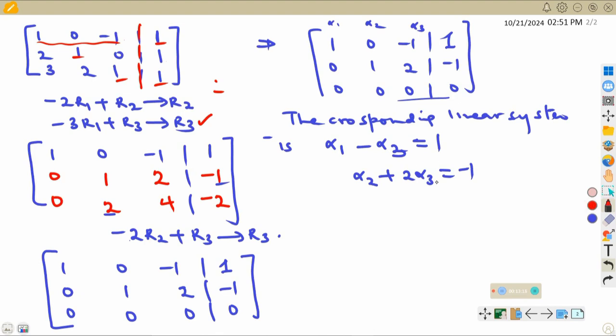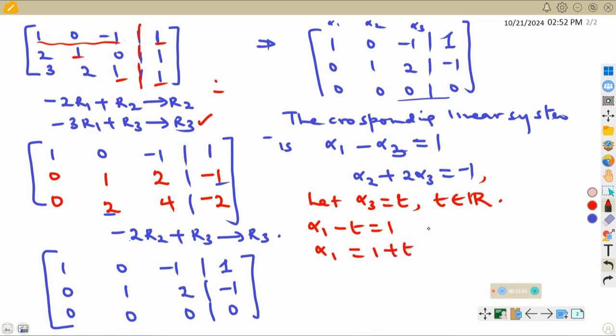So what we can do here, we can relate one of the parameters. We can easily see that we have alpha 1, alpha 2 and alpha 3, but we have only 2 equations. So we shall relate alpha 3 to be a free parameter t, for t from R. So for that case, we shall have alpha 1 minus t is equal to 1. So meaning alpha 1 is same as 1 plus t.